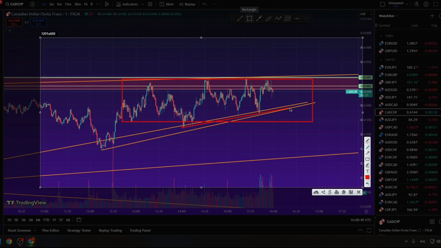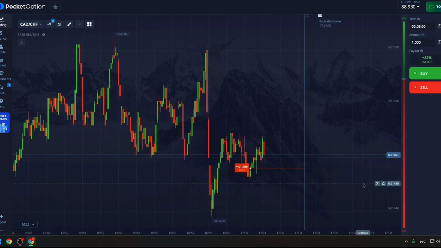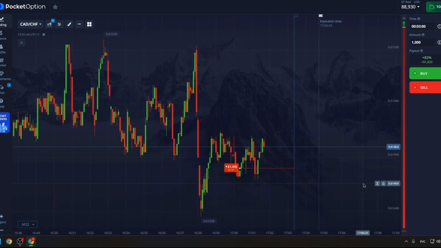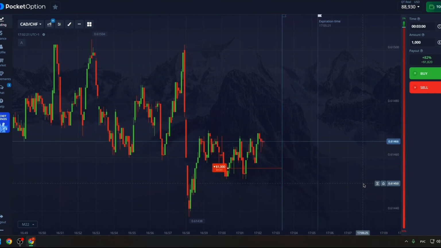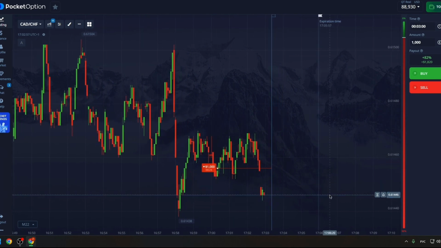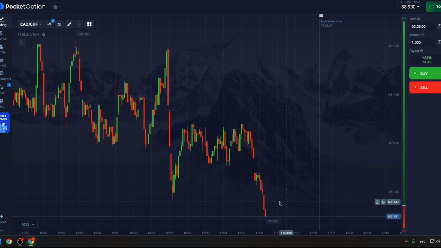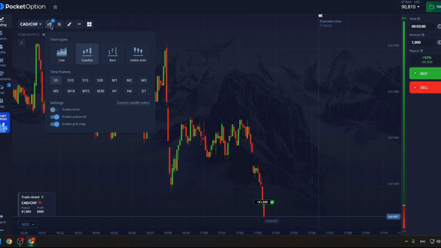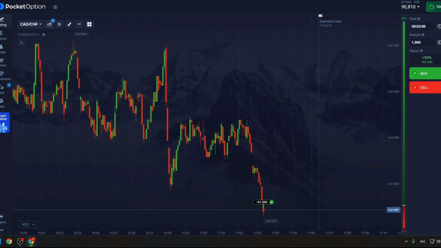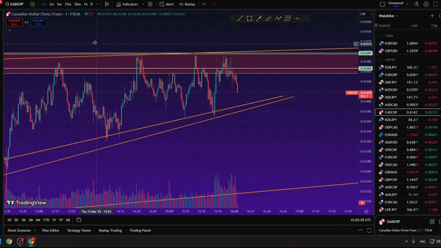Before breaking through the resistance level, the price should first reach the support level at least one more time, which is exactly what I'm working on right now. Excellent. Everything went as expected. Profit has been made, let's move on.